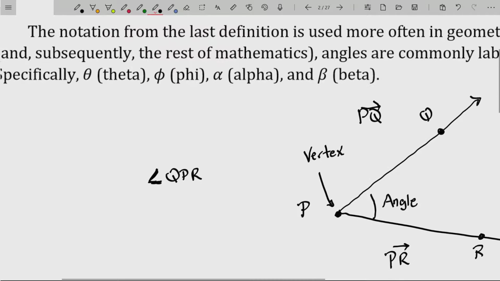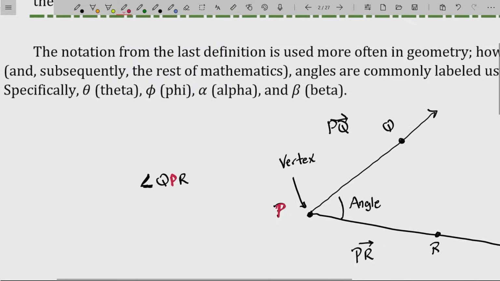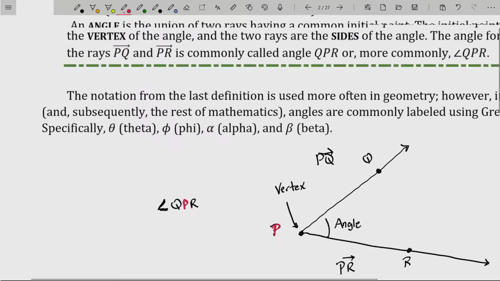The middle P there is actually the vertex. So the middle is always going to be your vertex. You would not label, for example, this angle QRP or PQR. It would always have the P in between the Q and the R because, again, the P is the vertex. So just letting you know.